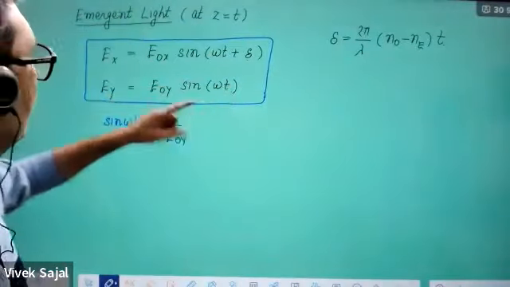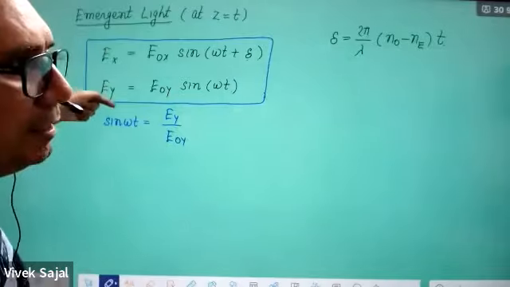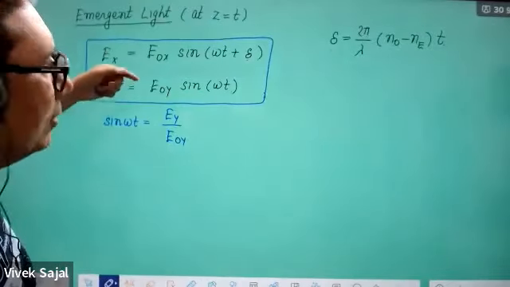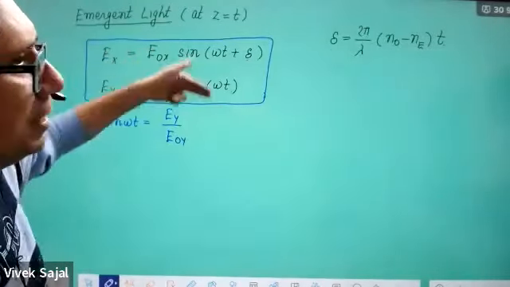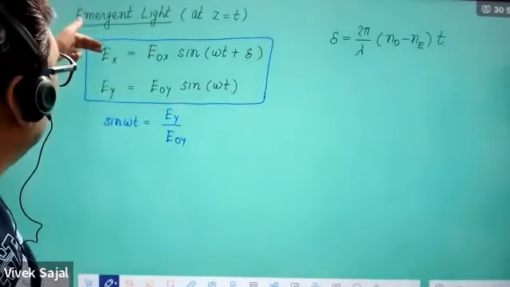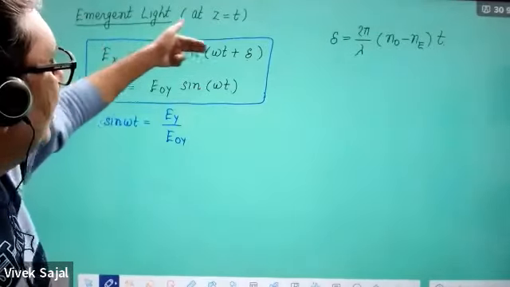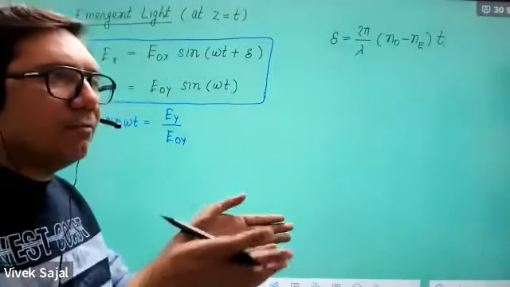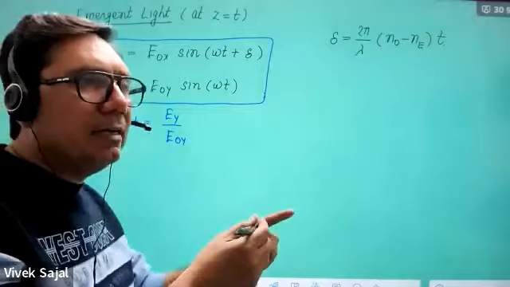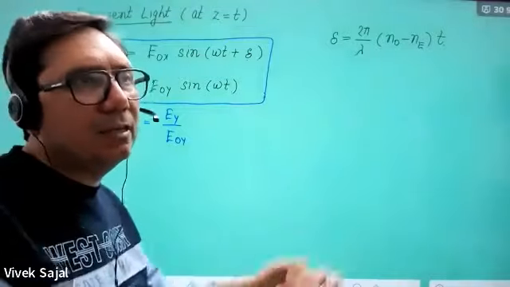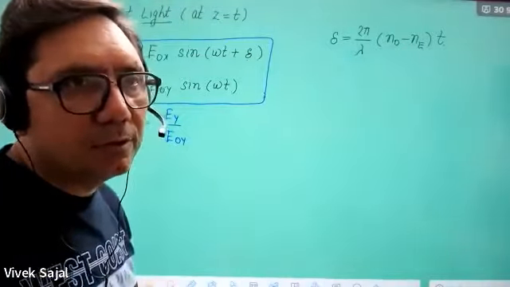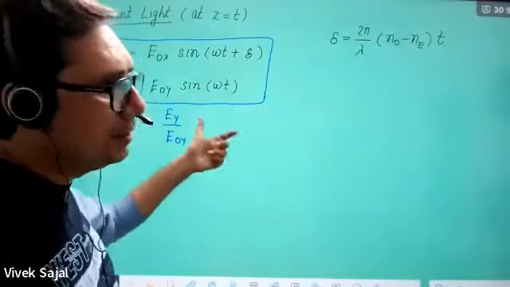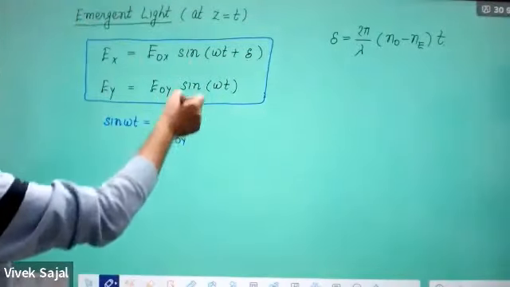If you want to find the trajectory between Ex and Ey, you have to eliminate omega t. Only then can I find out what Ex and Ey together are going to form on superposition.